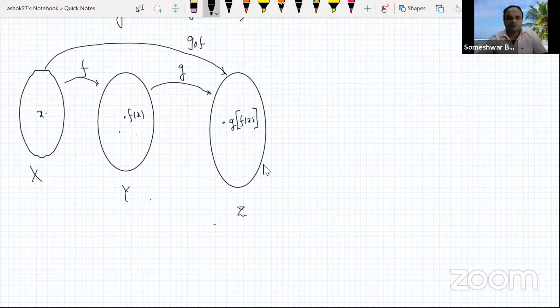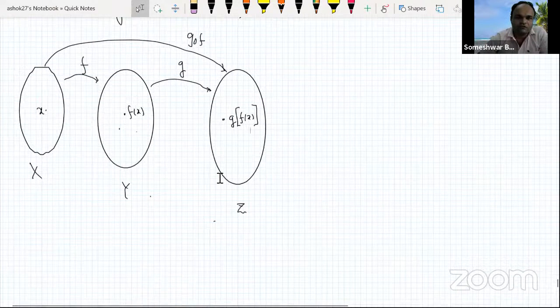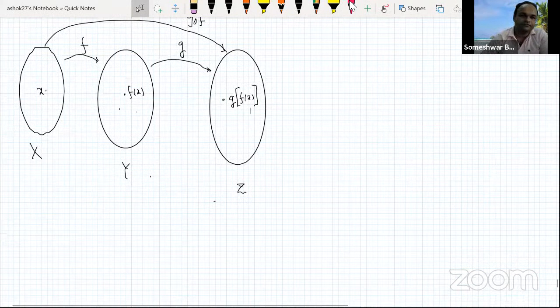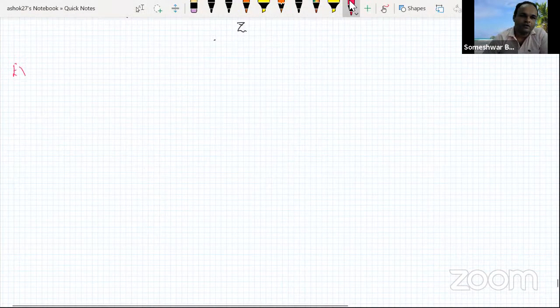If you are interested, you can see one example of composition mapping. So let us consider an example of composite mapping.